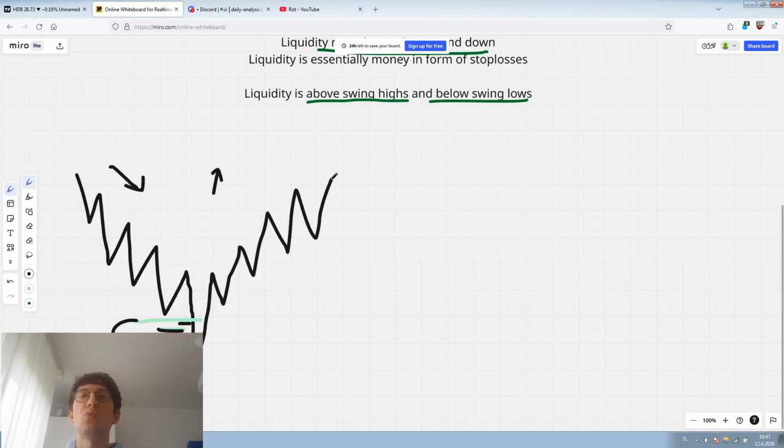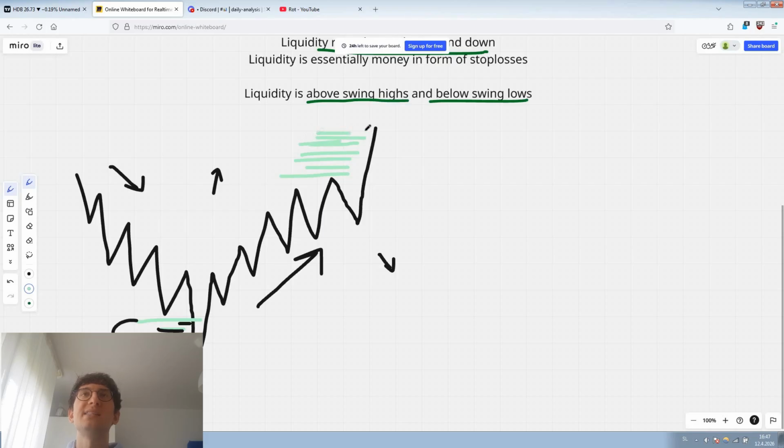So what happens when the bank wants to change the trend from bullish to bearish? What do they have to do? Yet again, they have to push the price higher, so that people are forced to sell all those positions over here.